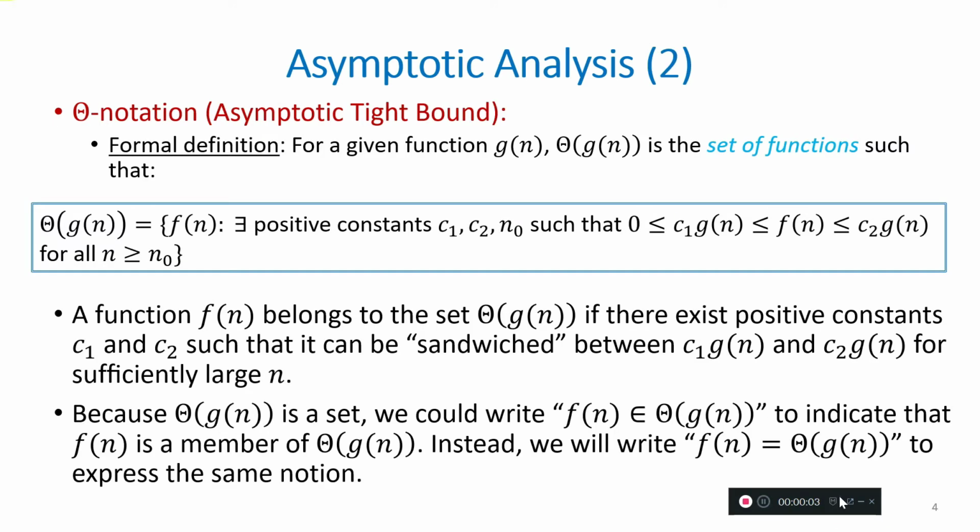So, the theta notation, also known as the asymptotic tight bound, is defined as below. Let g of n be some function.